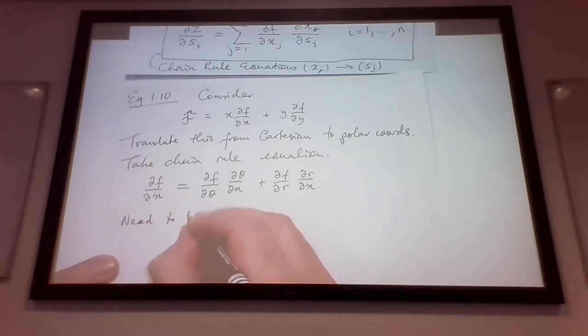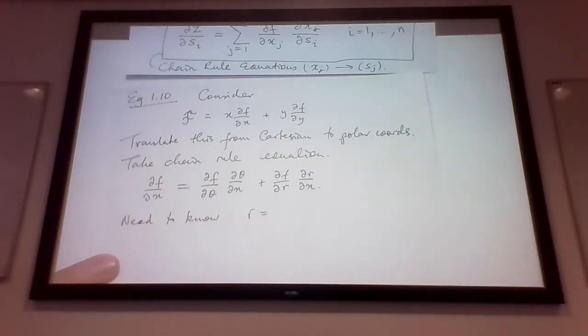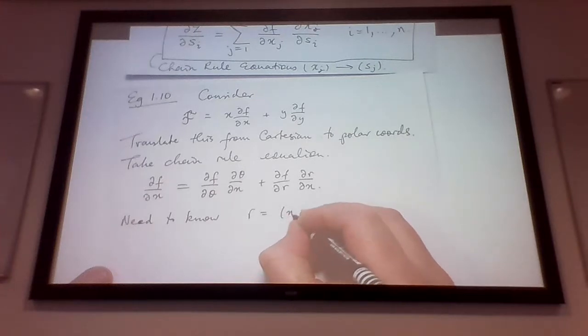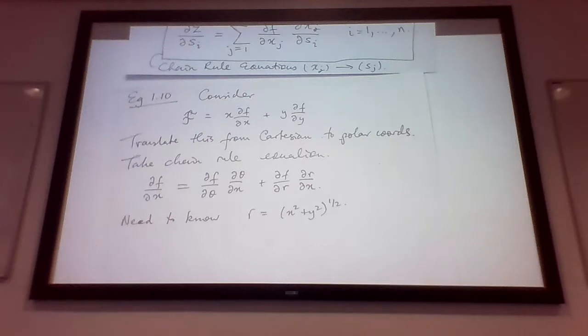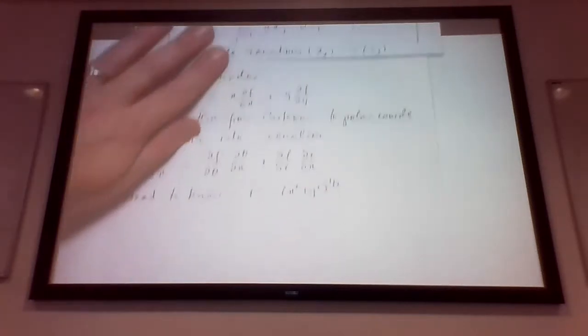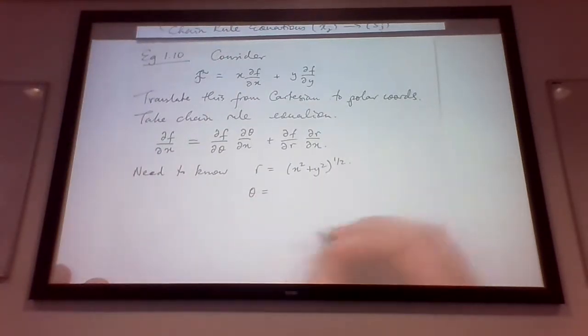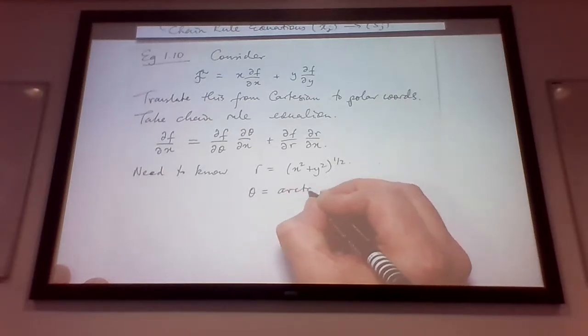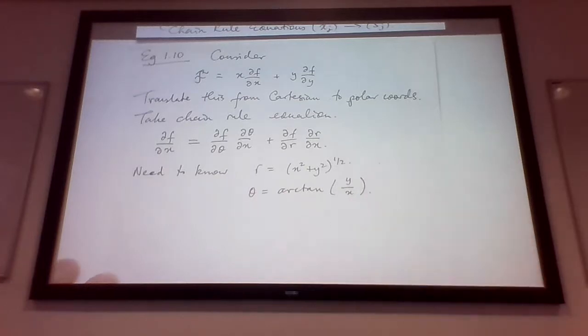Okay, so we need to know, how is r a function of x and y? Well, r is the radial distance. So the radial distance is, of course, the square root of the sum of squares. The square root of x squared plus y squared. It's the distance from the origin to the point with coordinates x and y. And the expression for theta in terms of x and y is the arctangent, the inverse tan of y over x.